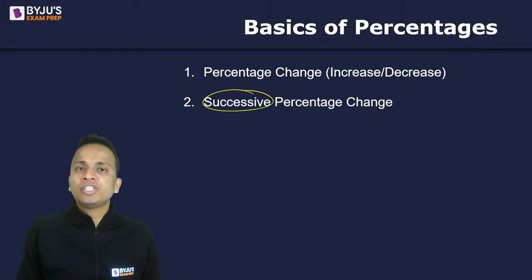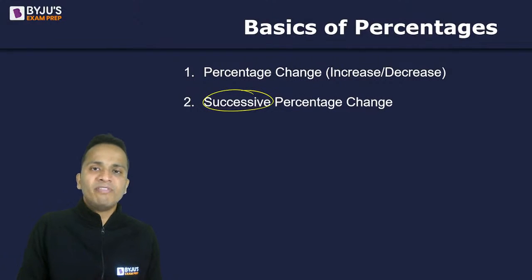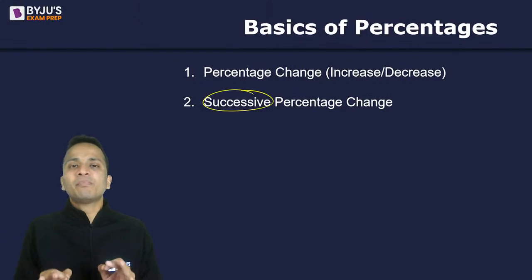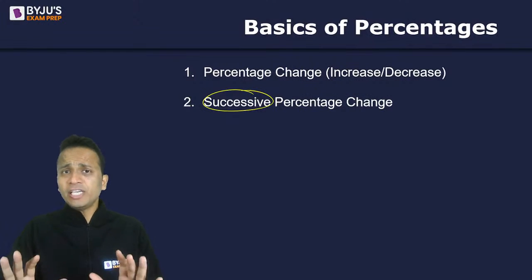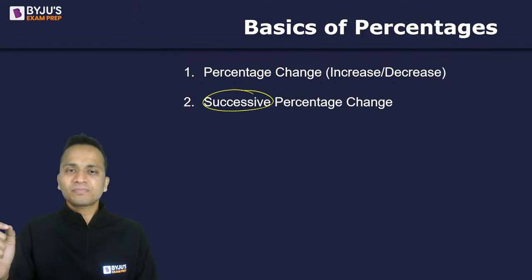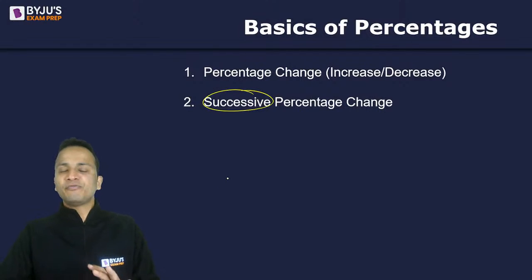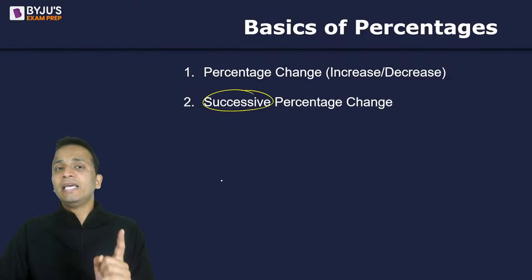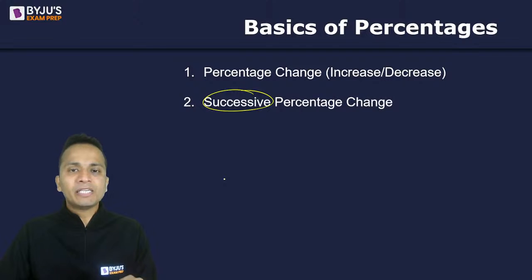So if there is a change that is happening on the same value successively, then to find out the net percentage change, initially I'll calculate only the net percentage change, and then in the session which is dedicated for percentages, I'll explain you the other usages of this formula. Okay, so आज हम सिर्फ normal successive percentage change पे work करेंगे, how to calculate the net percentage change, and then in my next session I'll be discussing some different uses of this formula as well.